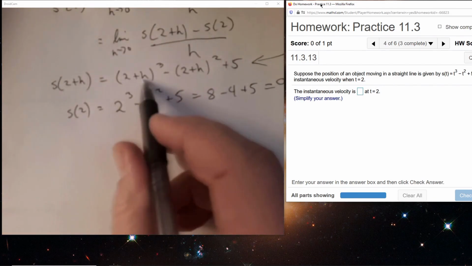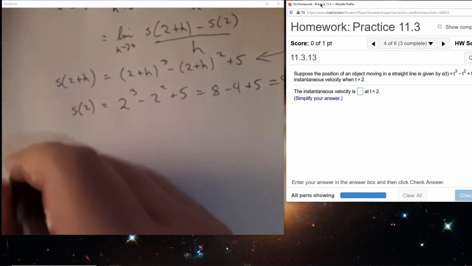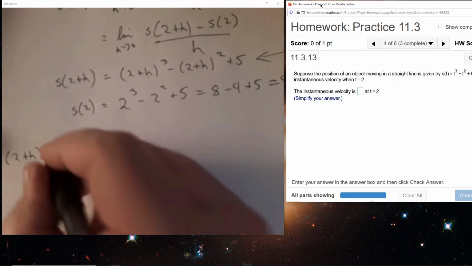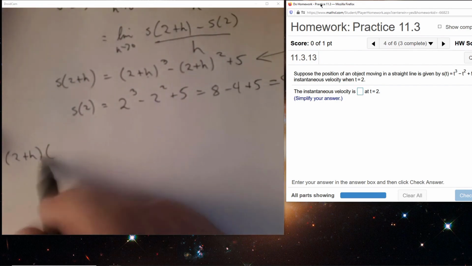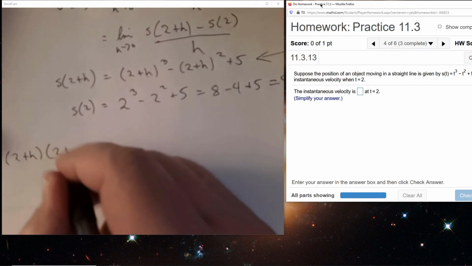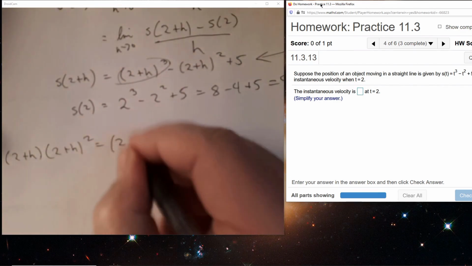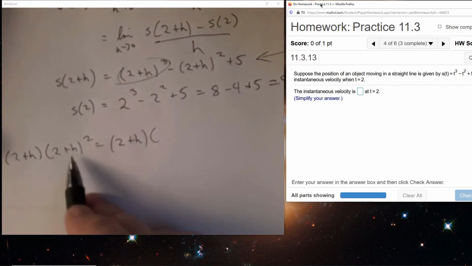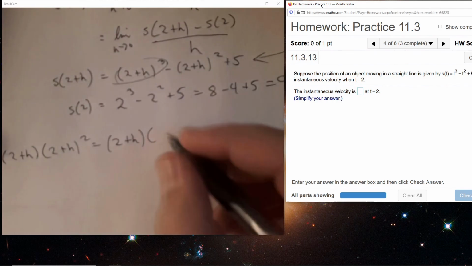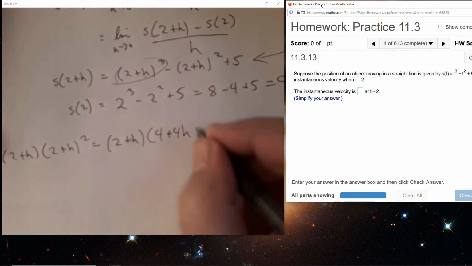2 plus h cubed. Now, how I do this, because I don't memorize the cubed formula, is I first just do 2 plus h, and then times 2 plus h squared to do this result. Because 2 plus h squared is something my brain can quickly process.